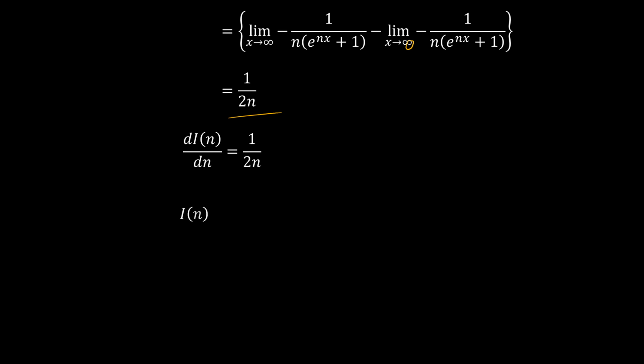And so if we go and integrate, I(n) is now the integral with respect to n, obviously, of 1 over 2n, which becomes I(n) is 1 over 2 natural logarithm of n plus c.